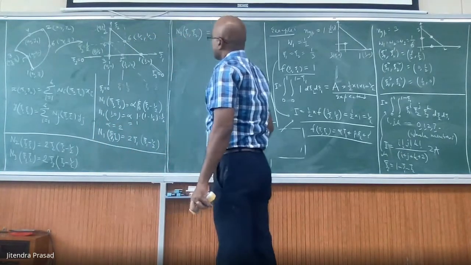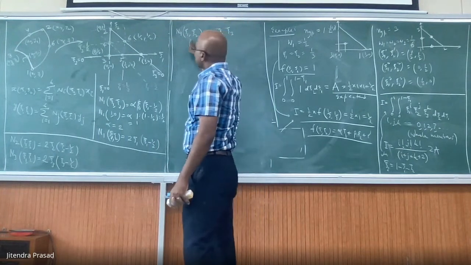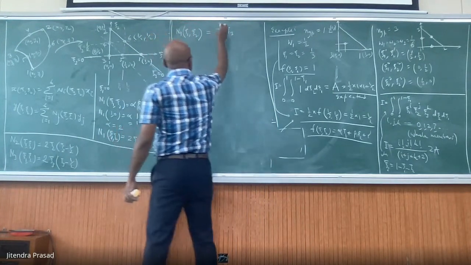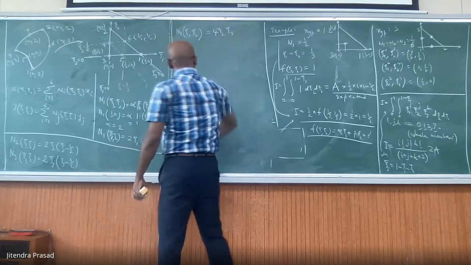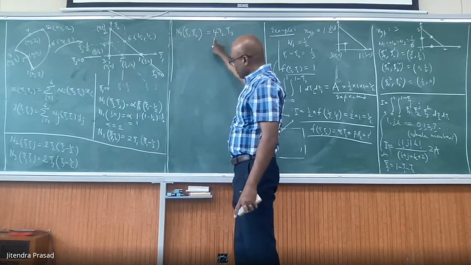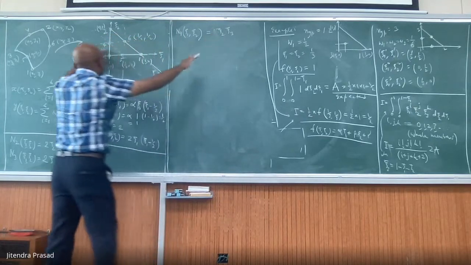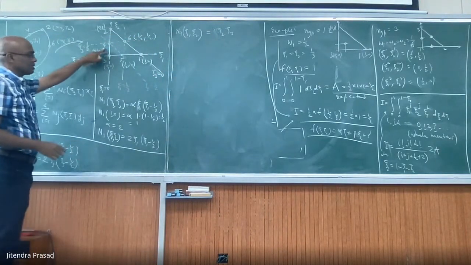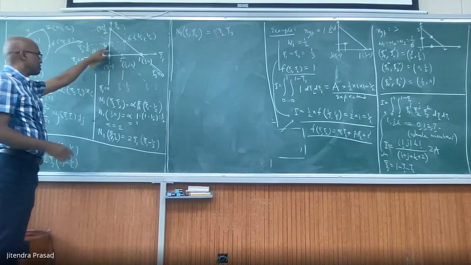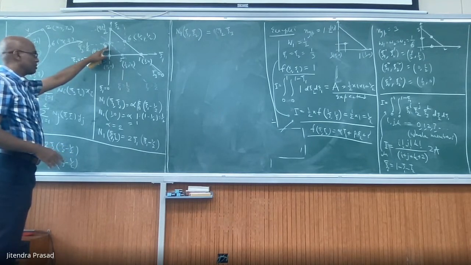So if you have the value 0 and half, then how will it work? It will be 0 then.